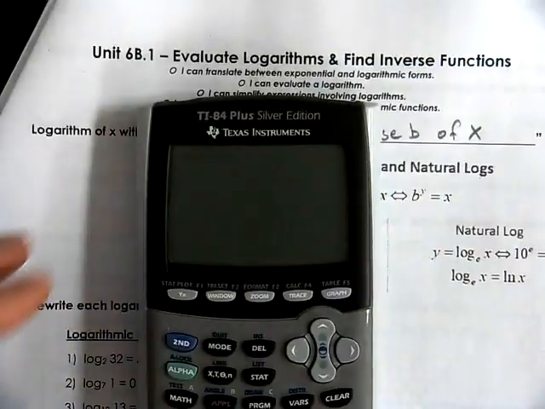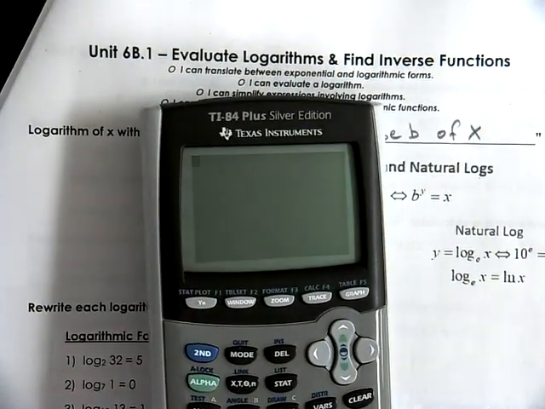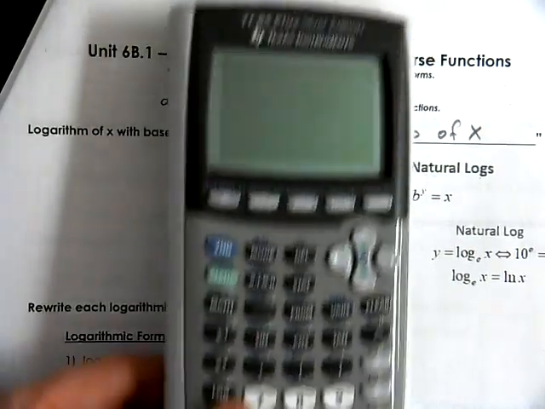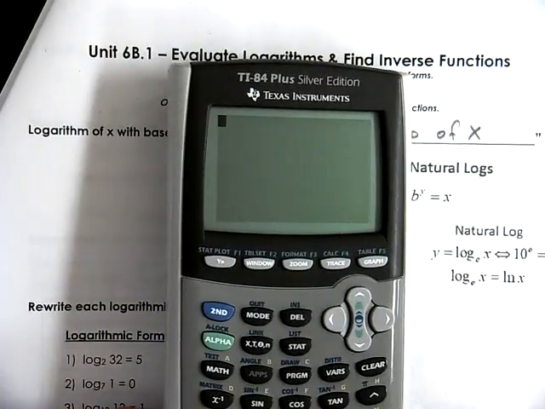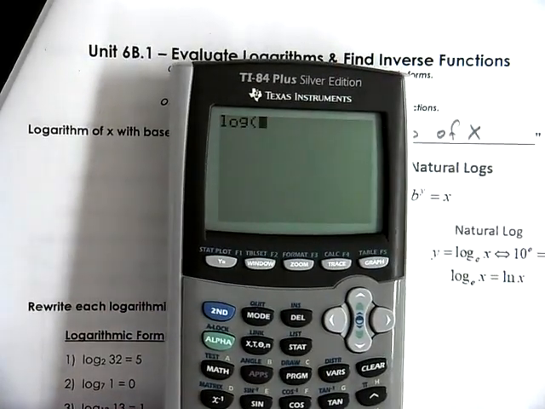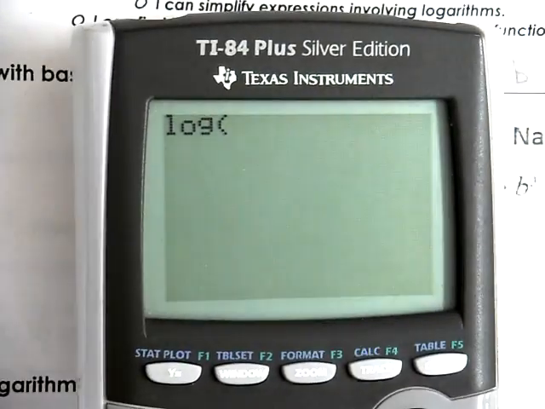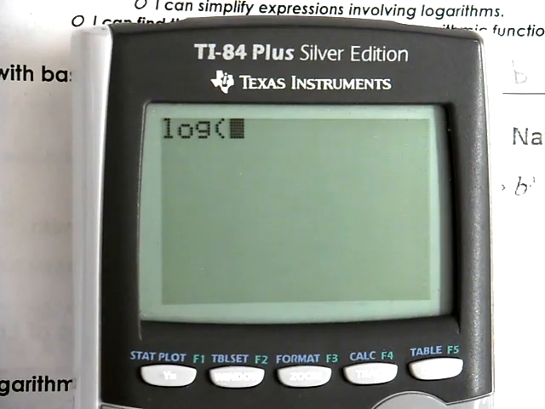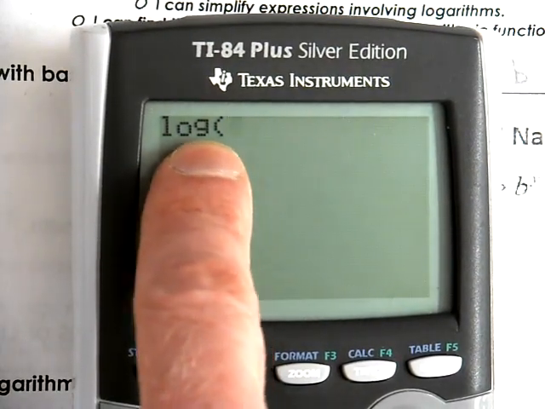So if we grab a calculator, we can explore with our calculator here a bit. You can see there is a logarithm button next to the 7. This is log. That is a common log. Because if we say the log, remember that would be base 10, because it's not written.